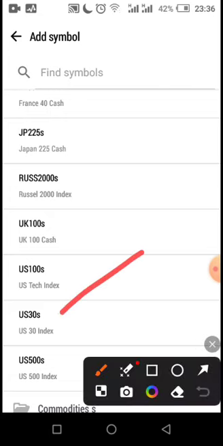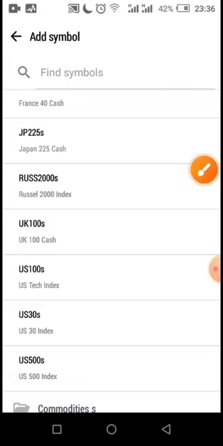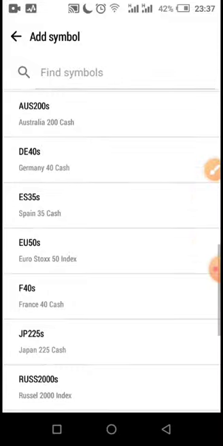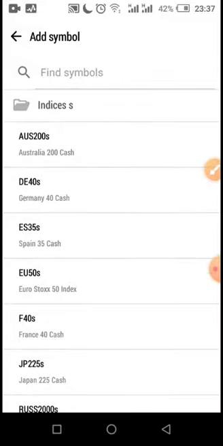And then the US 30, I think, is an index showing the average performance of the top 30 performing companies in the USA. But you can always check the definitions of all the other indices.